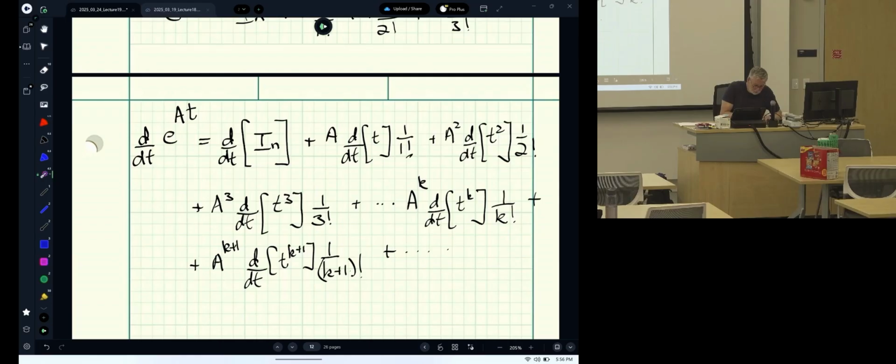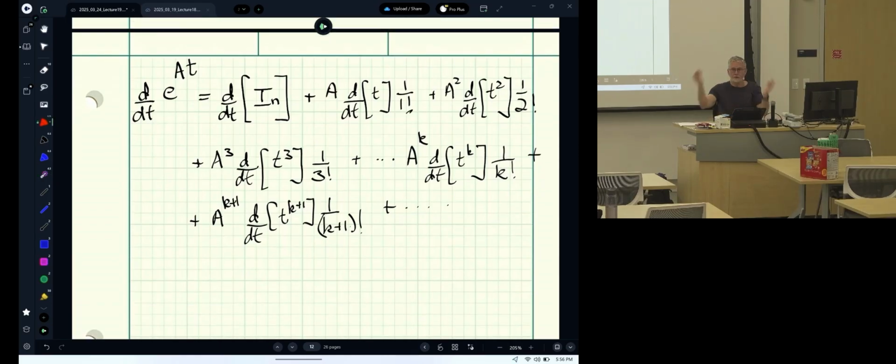Okay, so what do we get? What do I get if I differentiate a constant? 0. Now, if my constant is an n by n matrix, what should I get? You're right, your intuition is right.